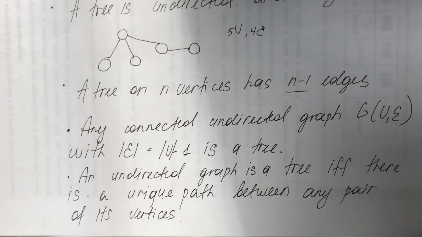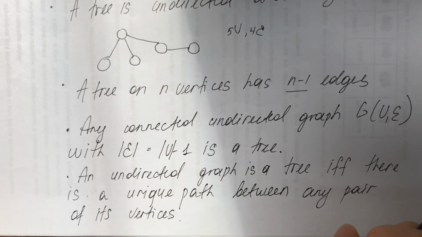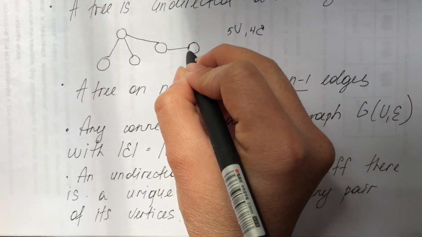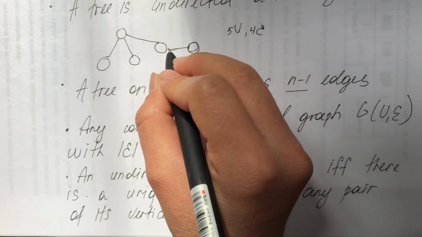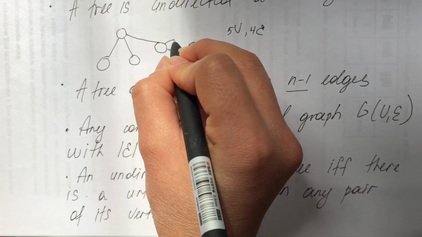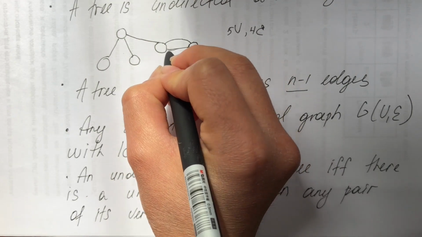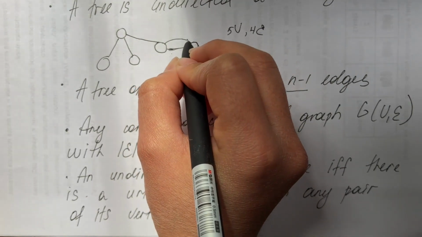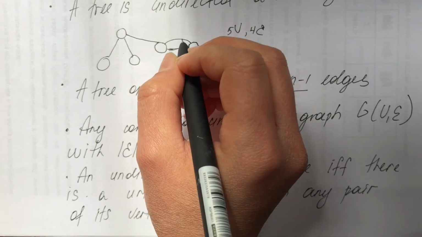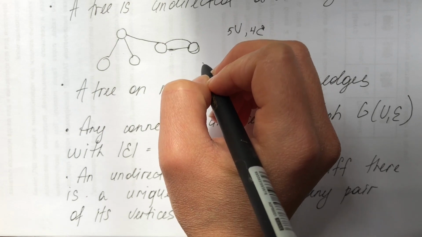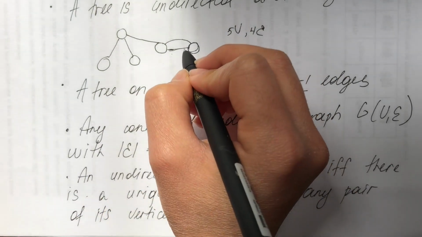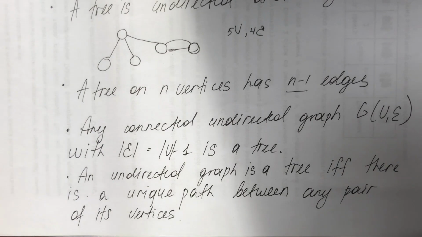This is also easy to prove because in a tree we have one unique path between two vertices, and if we had another path here, it would not be unique, and we would have a cycle, and it could not be a tree anymore.